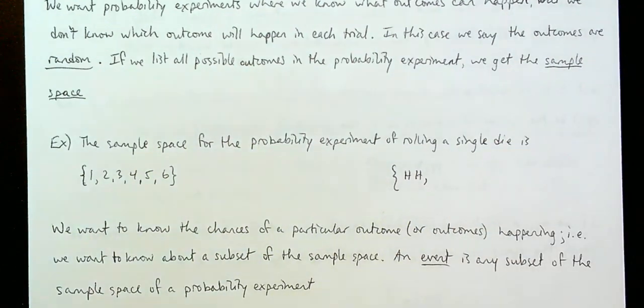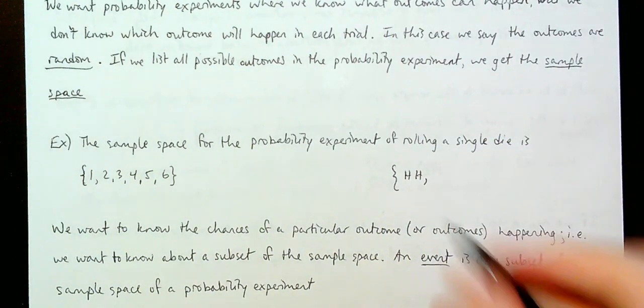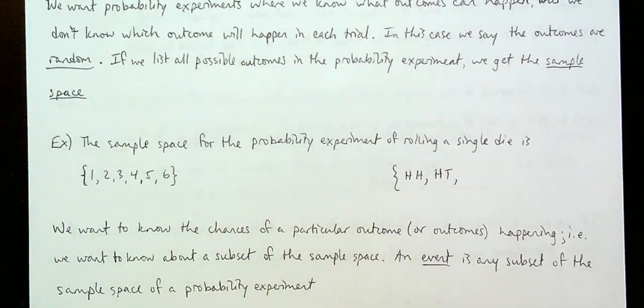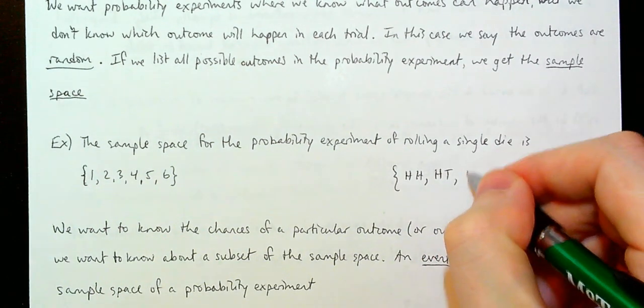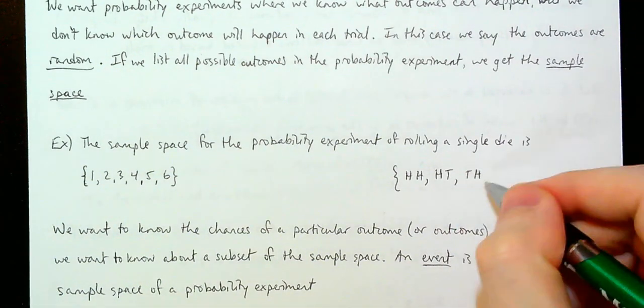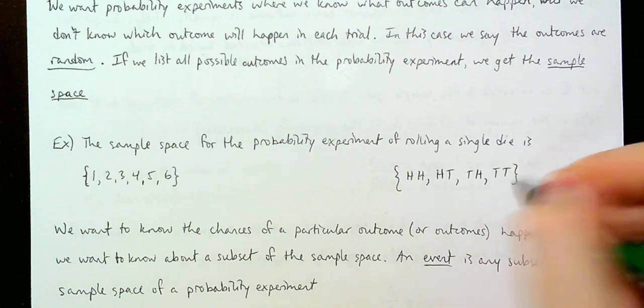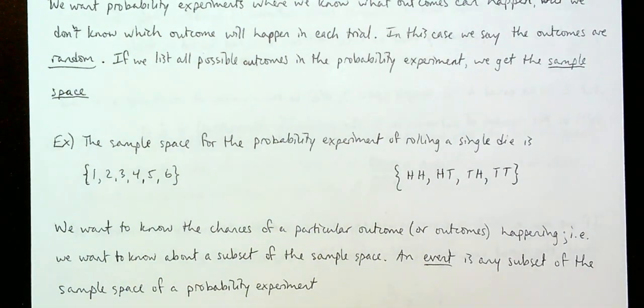You could get a heads on the first flip and then a tails on the second flip. You could get a tails on the first flip and a heads on the second flip. Or you could get a tails on the first flip and a tails on the second flip. So this would be the sample space for taking a fair two-sided coin and tossing it twice. We have 4 possible outcomes there. That's what we're talking about when we talk about the sample space.